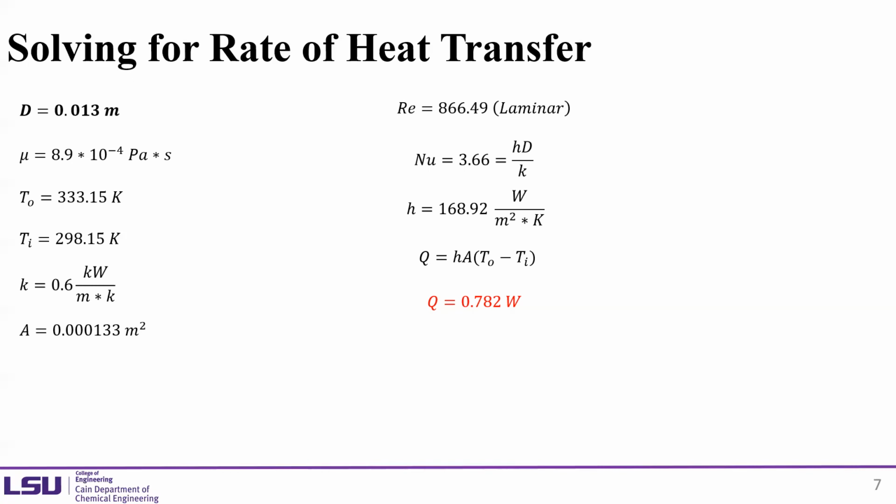So I plugged those values into my Reynolds number, and I got a number of 866.49, which is a laminar value. I then found that the Nusselt number is equal to 3.66 due to the fact that the pump is undergoing a continuous flow through tubing, and that allowed me to equate the 3.66 Nusselt number to HD over K, which I plugged in my diameter over my K value, and I solved for my H, which gave me a value of 168.92.